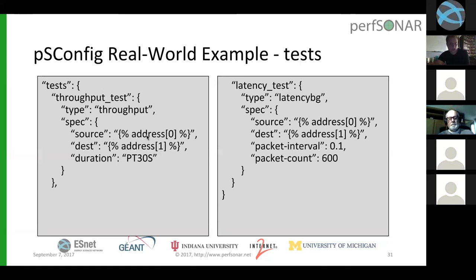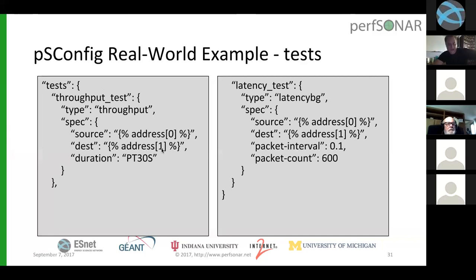This is probably the most common one people are going to use, at least out of the gate, called address. Address is the template variable, and then it has this array index. Address 0 means take the first address in the pair. So if we had our circles, there were 2 circles, this would take the first circle. But in this case, since we're using host names, it's going to take the first host name that's assigned to the address.